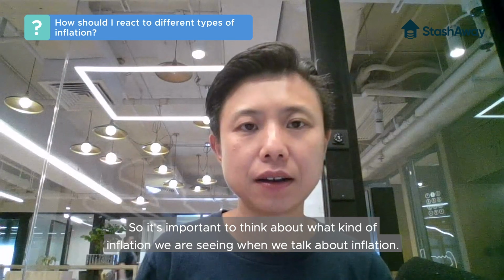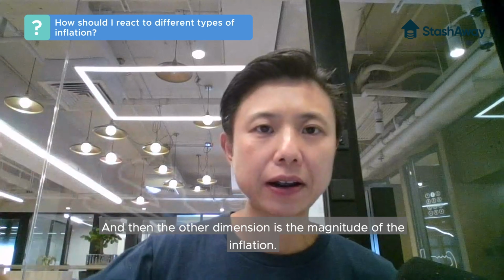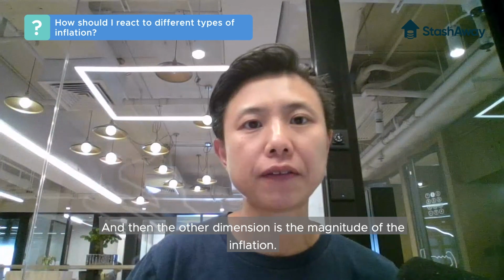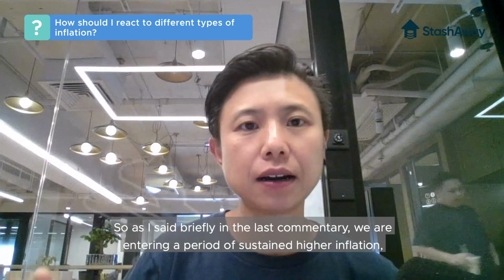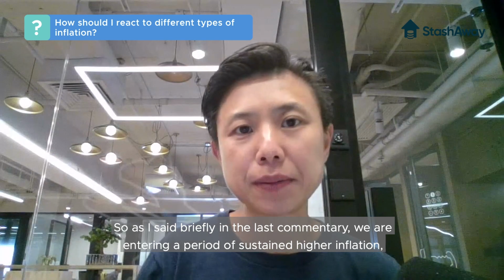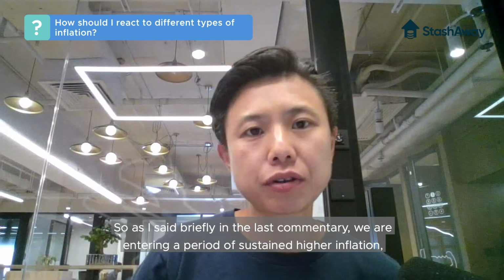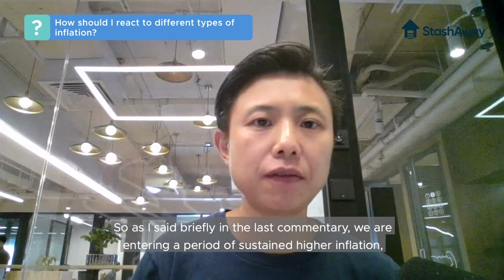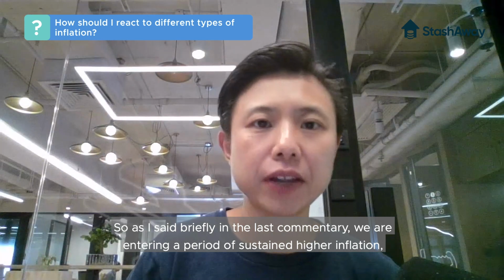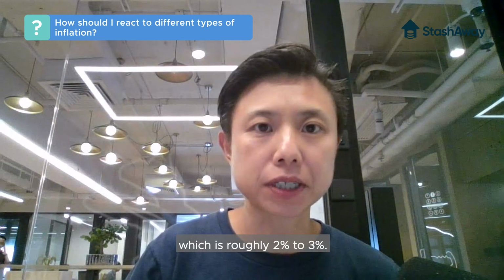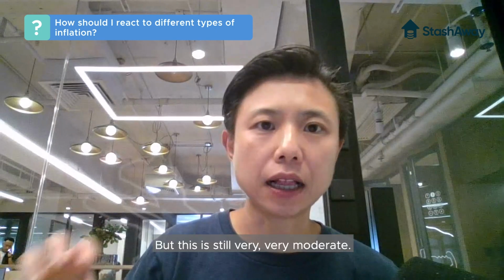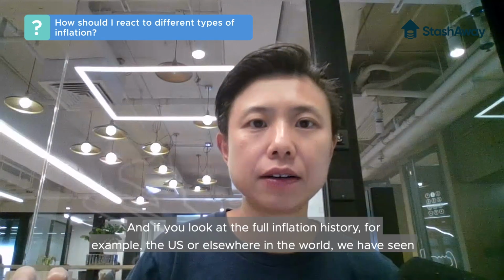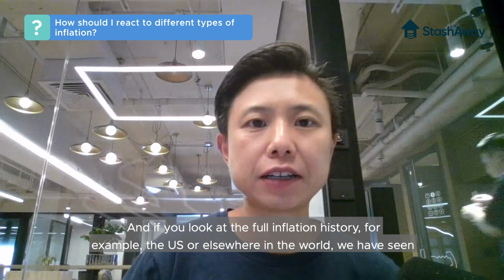And then the other dimension is the magnitude of the inflation. As I said briefly in the last commentary, we are entering a period of sustained higher inflation, which is roughly 2 to 3%. But this is still very moderate if you look at the full inflation history.